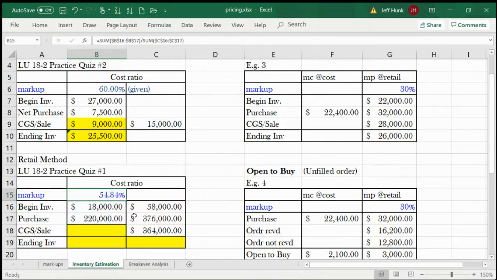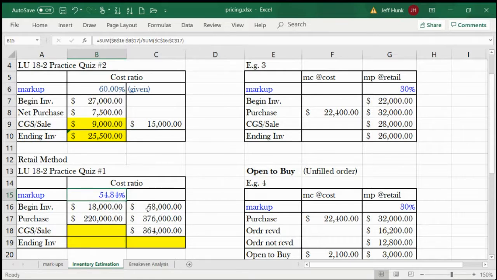Well, let me explain this. So originally this wasn't given, right? But then how do you find your cost ratio? Look, you can divide this by this, then you'll find the cost ratio. I mean, this much out of this is the cost. But then think about it.